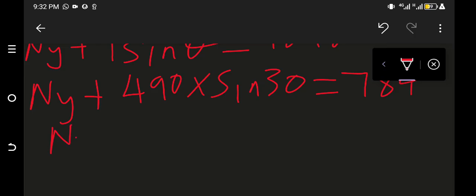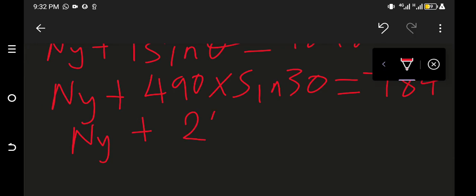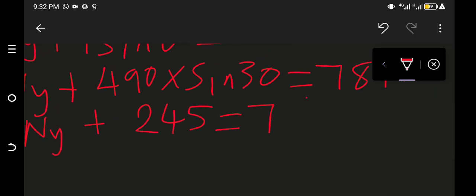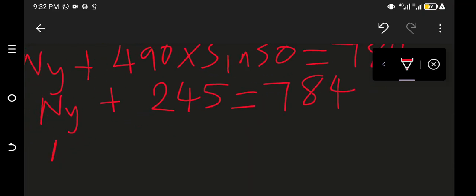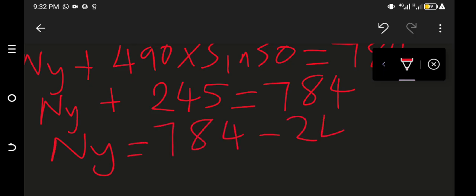So ny plus 245 is equal to 784. Now we group the like terms together: 784 minus 245 gives us 539.